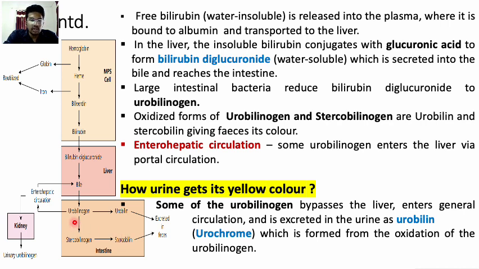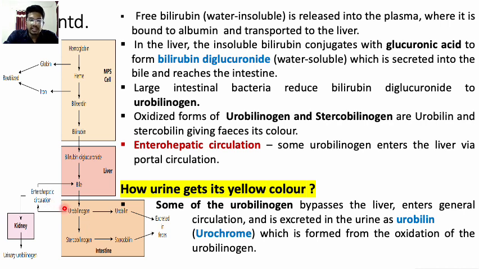But a little bit of the urobilinogen is absorbed back into the liver. How is it absorbed back into the liver? By the portal circulation. You might have studied in anatomy that it is absorbed back by the enterohepatic portal system, and it reaches the liver again, and from the liver it is secreted back in the bile, and the urobilinogen again reaches the large intestine.